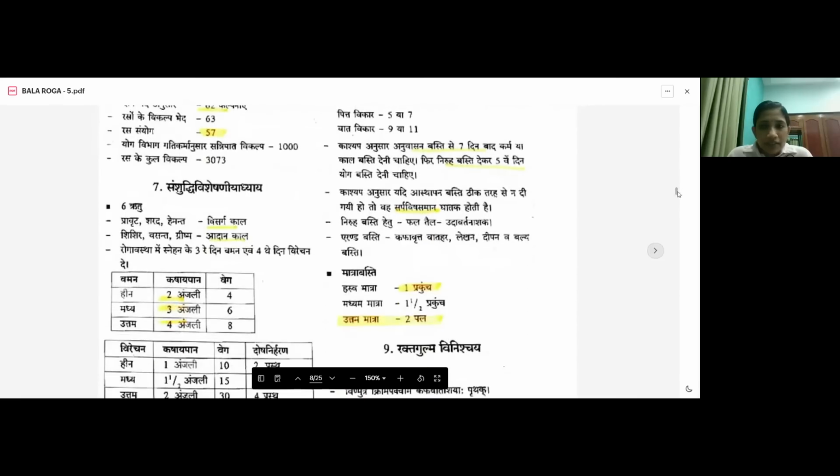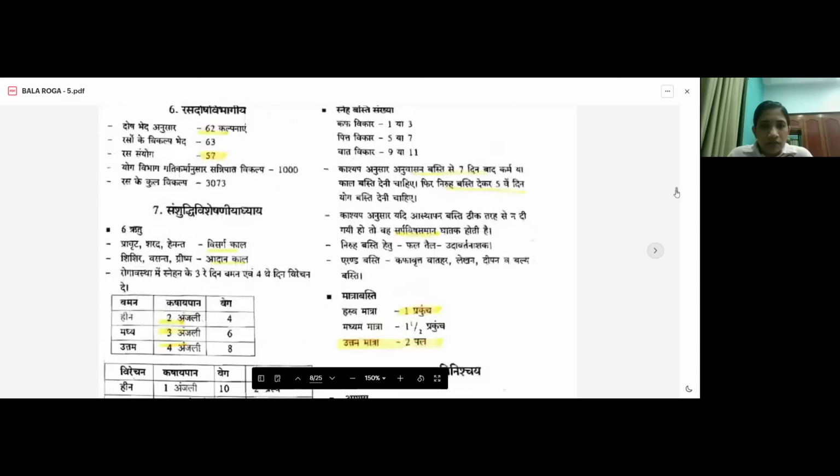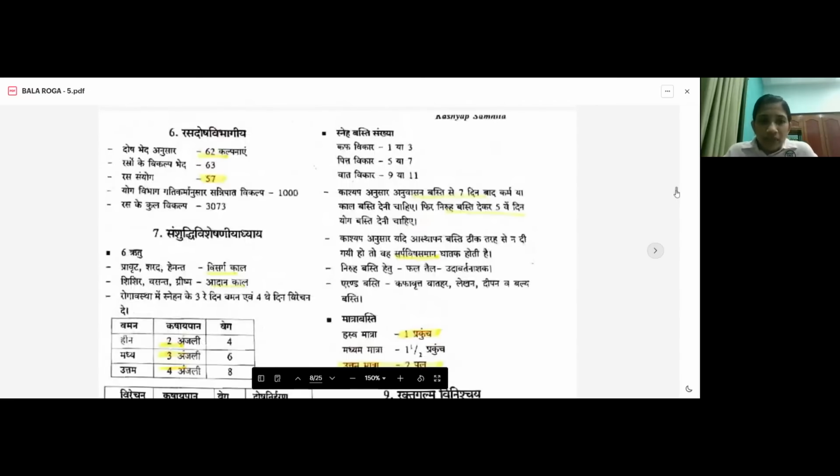And next is Rasa Dosha Vibhagiya. So totally here 62 Kalpana. According to Dosha Bheda, 62 Kalpana is mentioned, and also Rasa ke Vikalpa Bheda means 63 and Rasa Samyoga means 57.